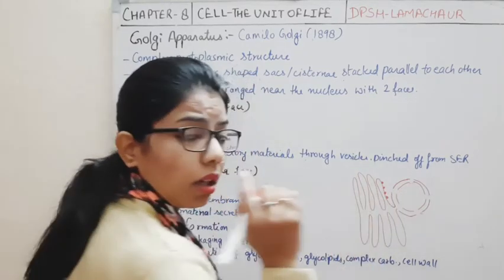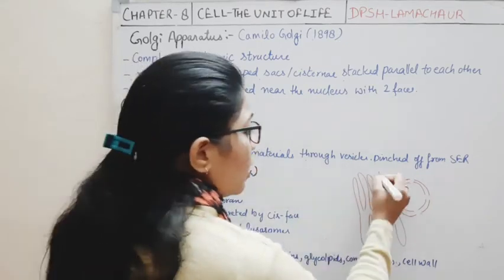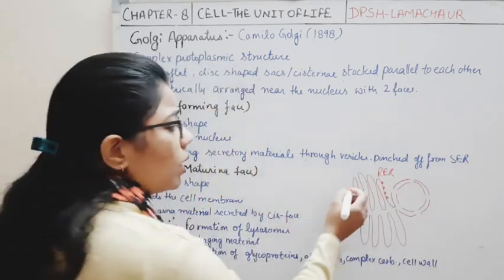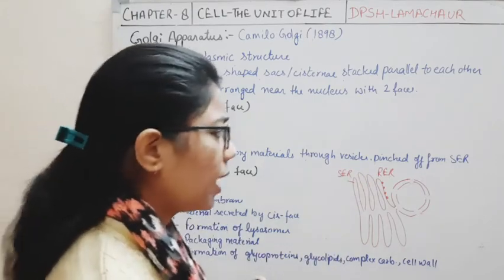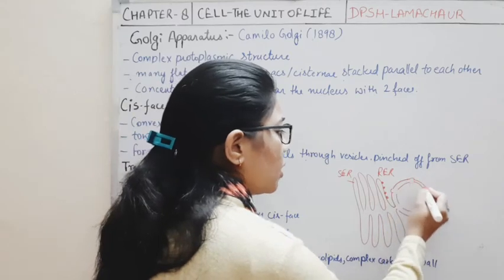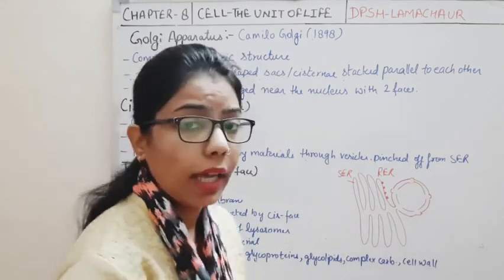The endoplasmic reticulum present towards the nucleus is the rough ER, and the one away from the nucleus is the smooth endoplasmic reticulum. So that much we have done.